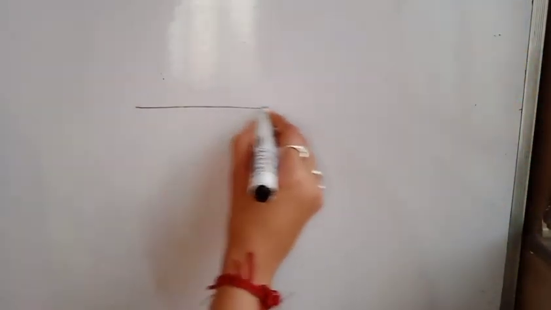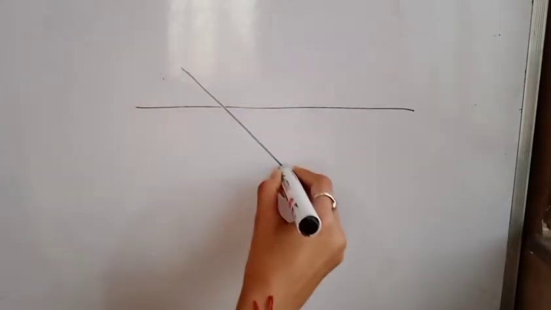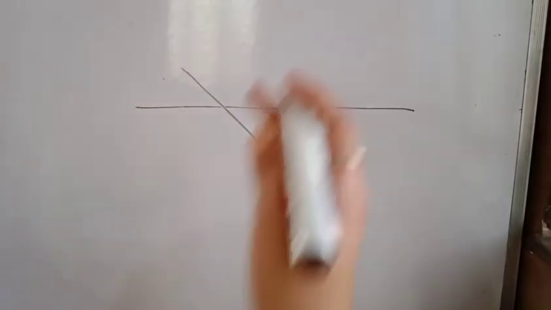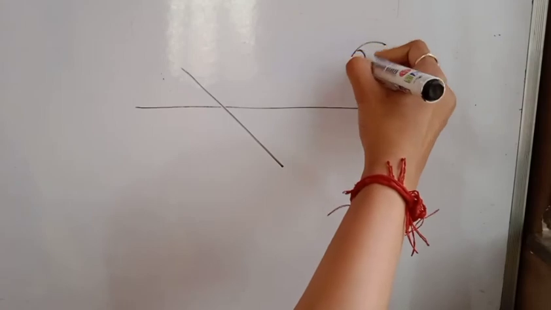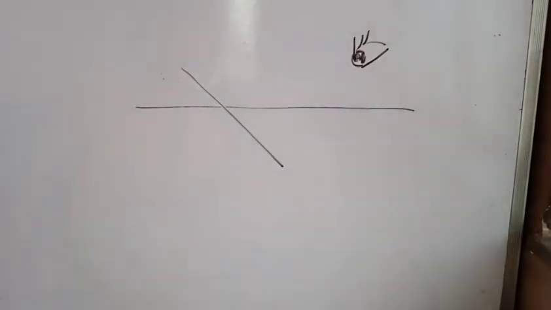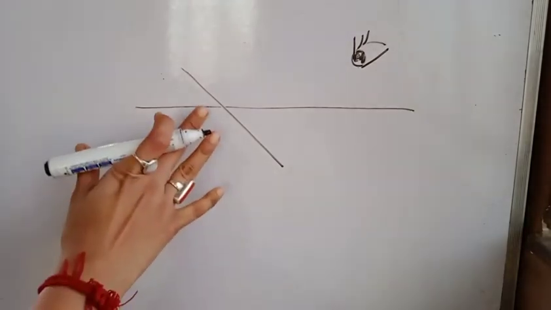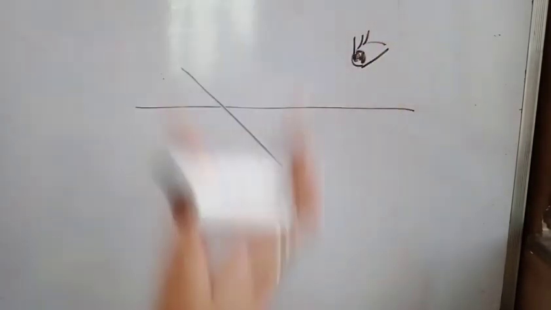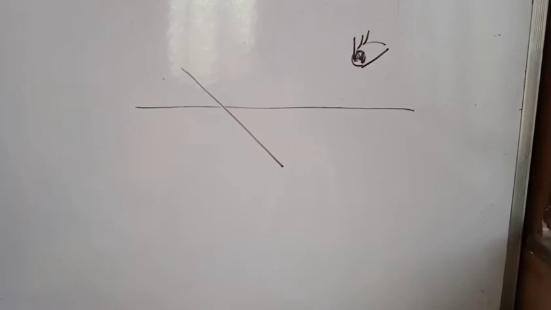Taking one such example, if this is the surface of the water, and the stick is in this position, and I am looking at this stick as an observer from this position. The same thing happens in this case also. So I want to look at this point, that is the end point of that stick.